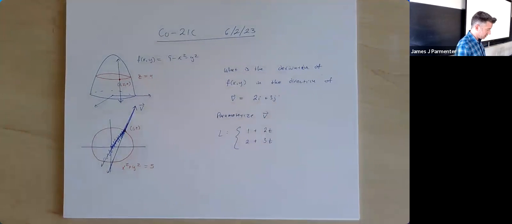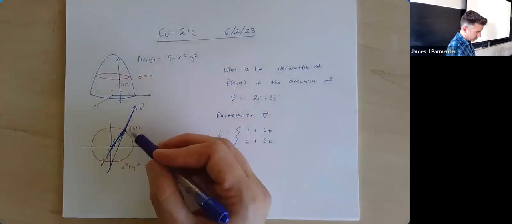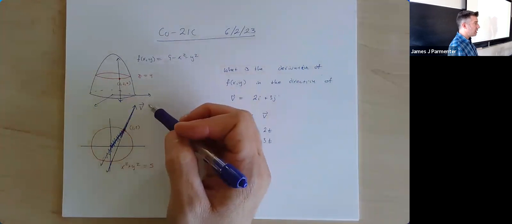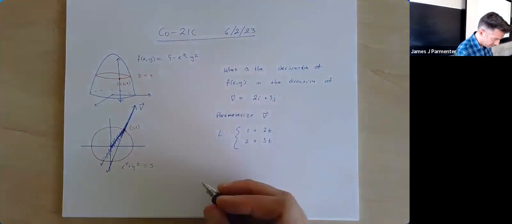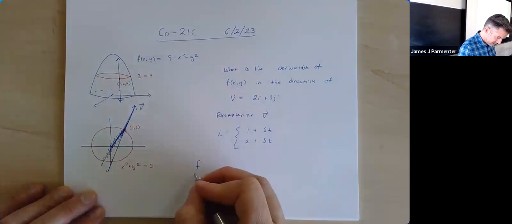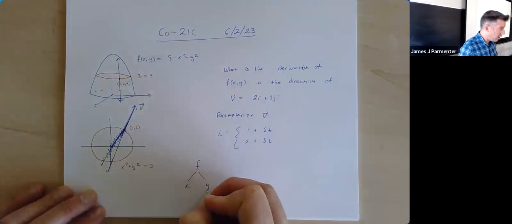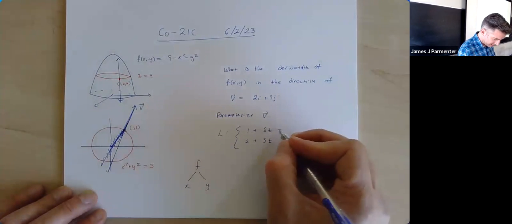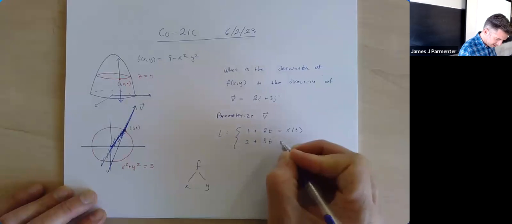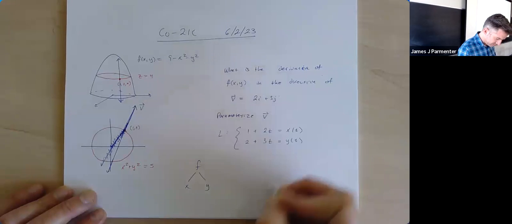Now, if I want to find the derivative of this function in that direction, I can use the chain rule. My function f depends on x and y, but x and y both depend on t, because this is what x is in terms of t and this is what y is in terms of t.